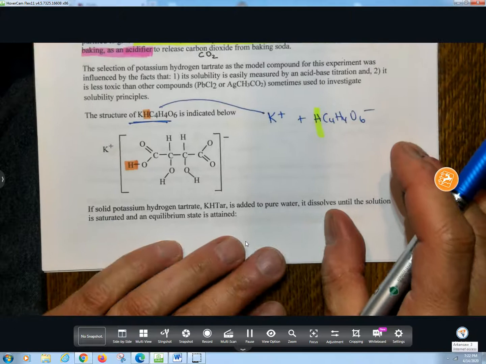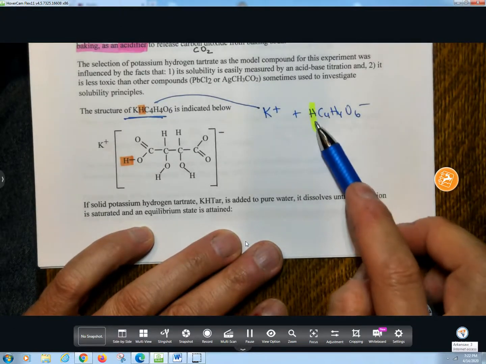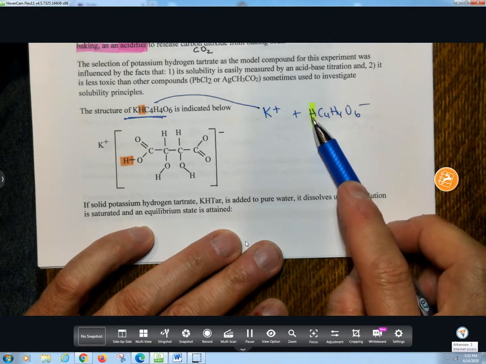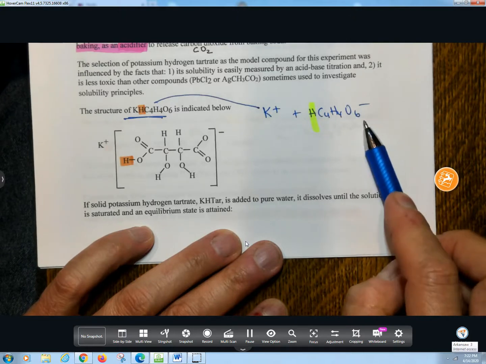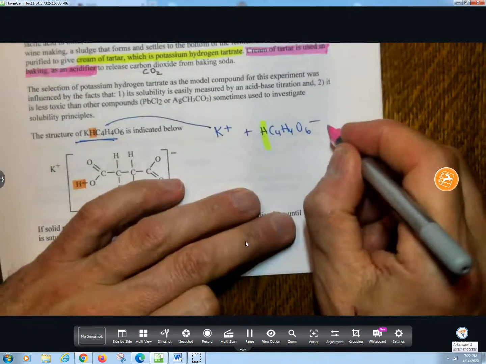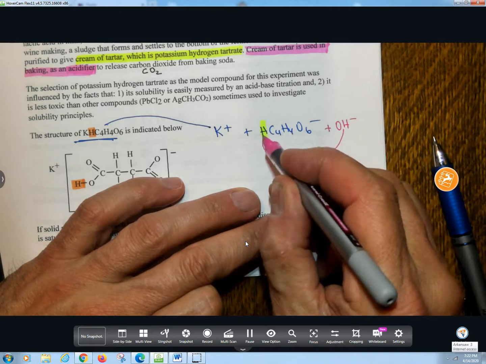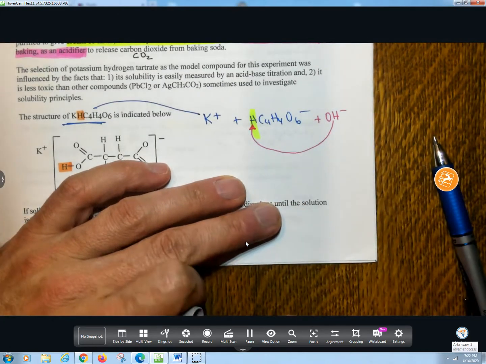So to summarize what we're going to do for this lab, we are going to titrate this hydrogen tartrate ion with hydroxide, OH-, and we know for sure that the OH- is going to pull that hydrogen off as a 1-to-1 ratio and create water.